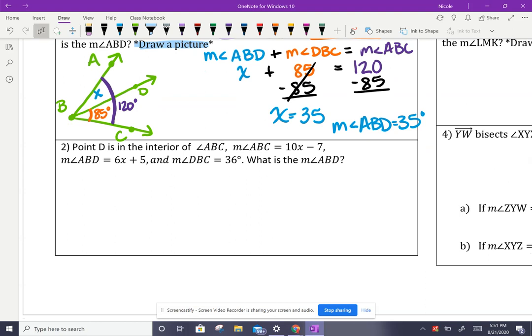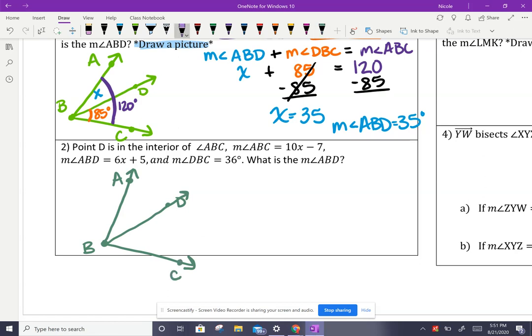Let's look at one more quick example and then we'll move on to the angle bisector. Point D is in the interior. I'm going to draw another picture because that helps me visualize where all of the pieces go. So D is in the interior, so D's out here, and I have A, B, C again.